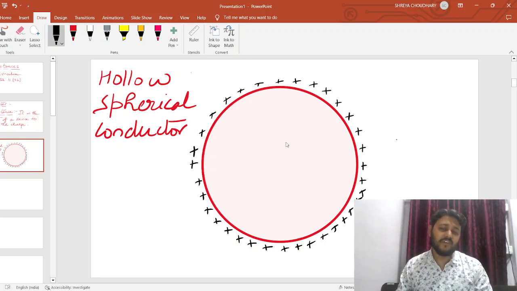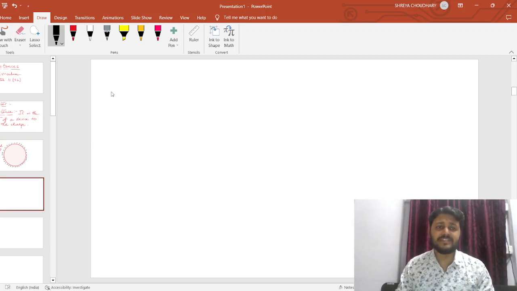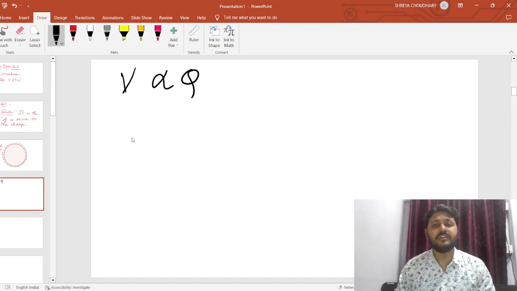So likewise, when we are giving positive charge to a hollow spherical conductor, the potential of the conductor will go on increasing. Hence, we can say when we are providing the charge, the potential of the conductor goes on increasing.